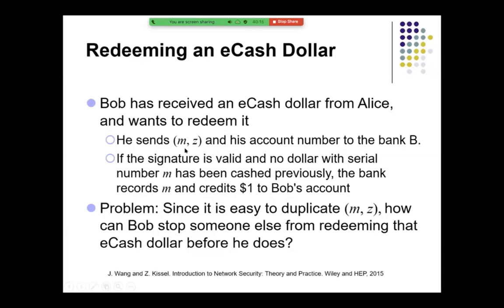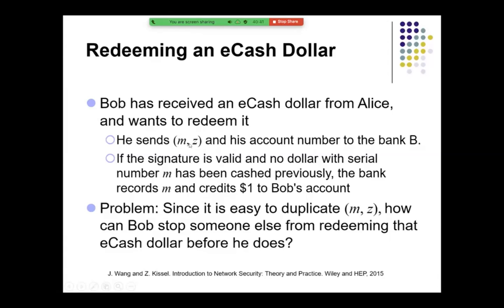Let's say Bob has this Ecash. Once this M comma Z is in Bob's hand, nobody else would know it comes from Alice, because there's nothing left on this M and Z that identifies her.